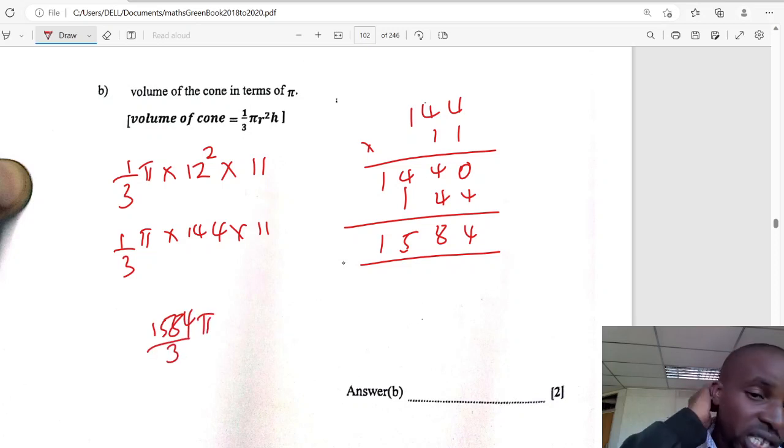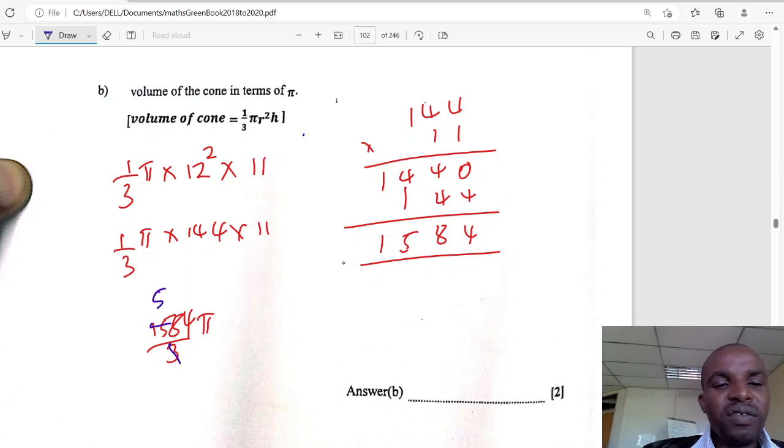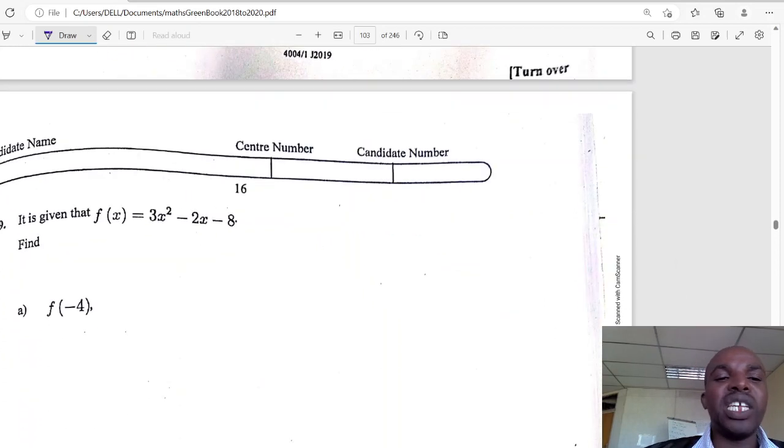Can 3 get into this? Yes. 3 into 15 is 5, then 3 into 8 is 2 remainder 2, 3 into 24 is 8. So it's 528 pi. And the volume units, these are cubic centimeters.